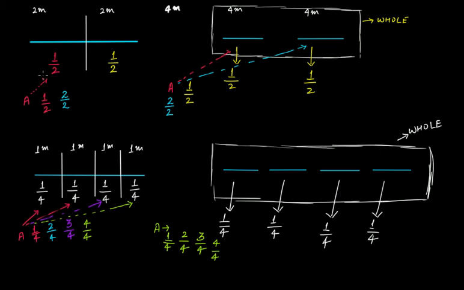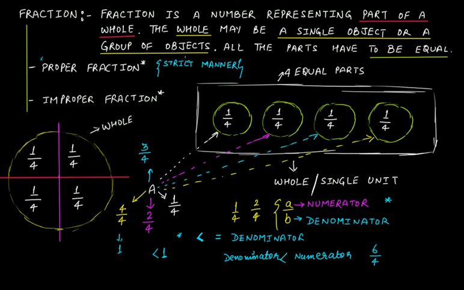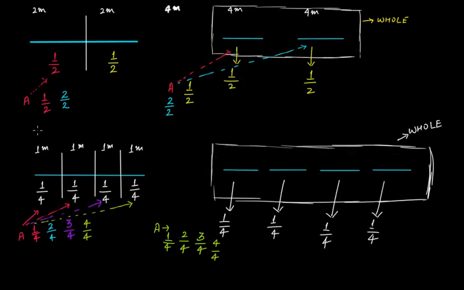All these numbers, 1 by 2, 2 by 2, 1 by 2, 2 by 2, 2 by 4, 3 by 4, you know that they all are fractions, and they are fractions like we discussed here in a strict manner. Therefore they are proper fractions. Why proper fraction? Because proper fraction is a fraction in a true sense. What's the meaning of true sense?